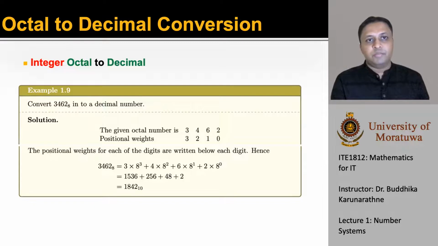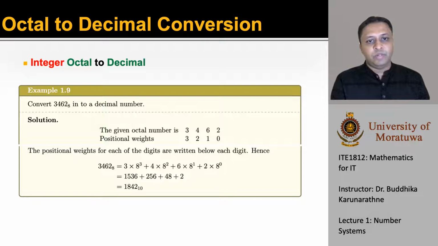Move on to another type of conversion, that is from octal to decimal. First example is on integer octal to decimal. So we write down the given octal number 3462, and you also write down the positional weights similar to what we did in the last example, but in this case this is octal, right?